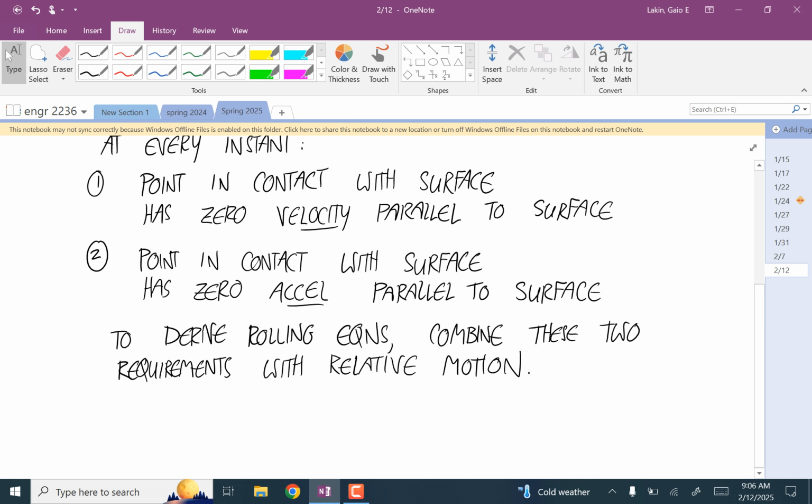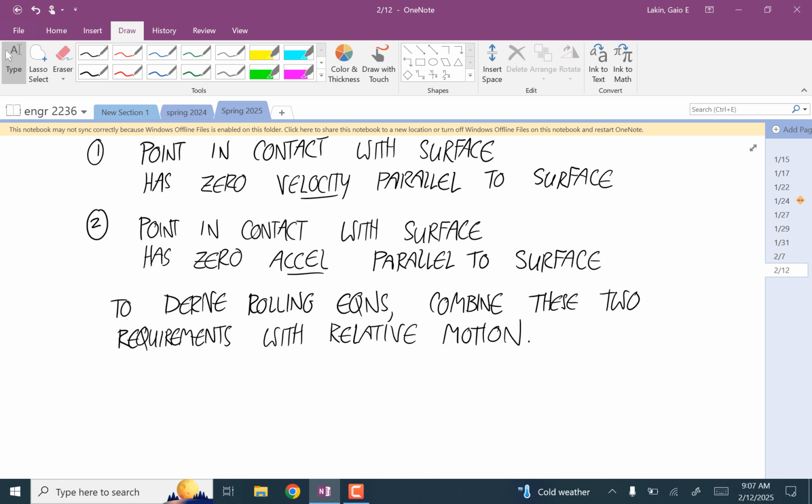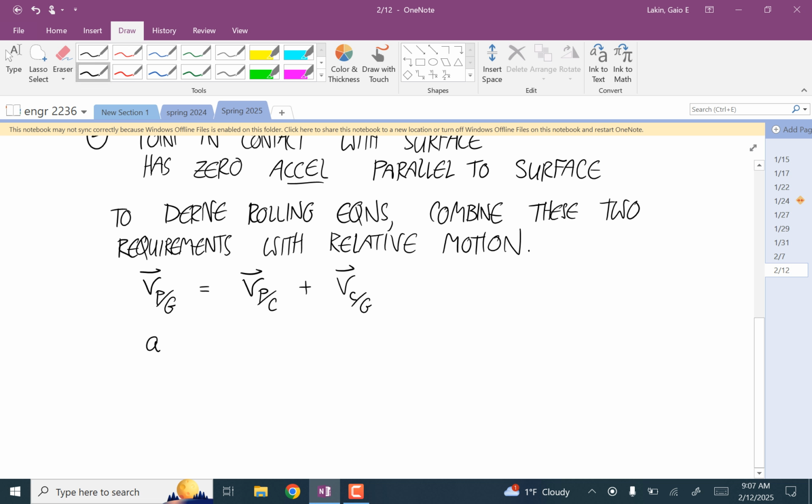Okay, so I'll write it as: the velocity of the point relative to the ground is equal to the velocity of the point relative to the center plus the velocity of the center relative to the ground. Same with acceleration. The acceleration of the point relative to the ground is equal to the acceleration of the point relative to the center plus the acceleration of the center relative to the ground.